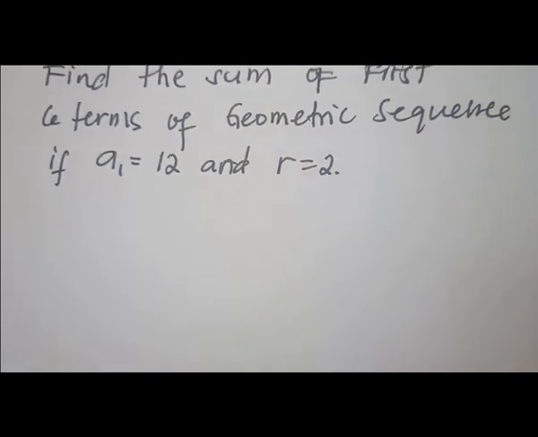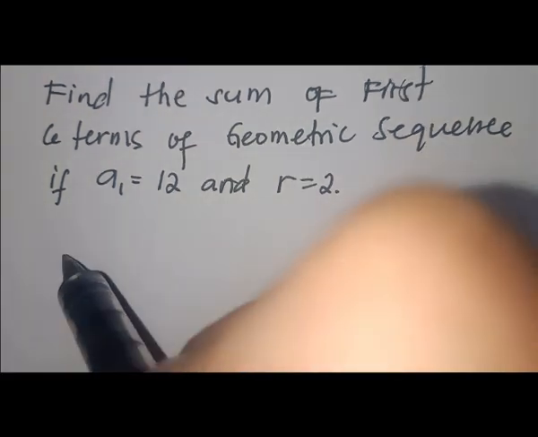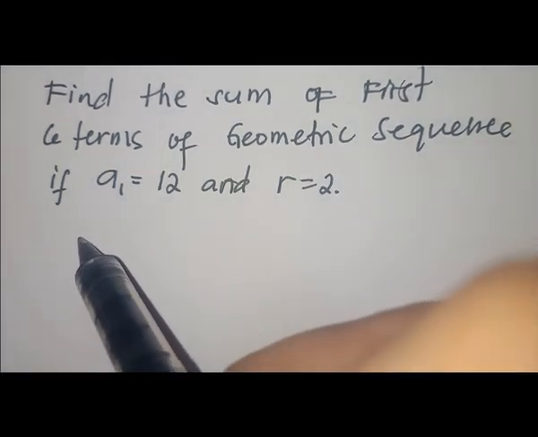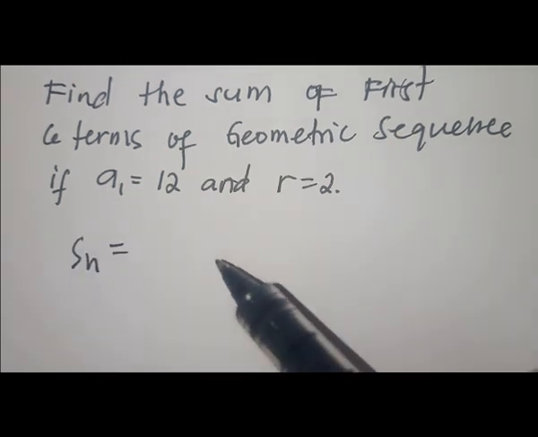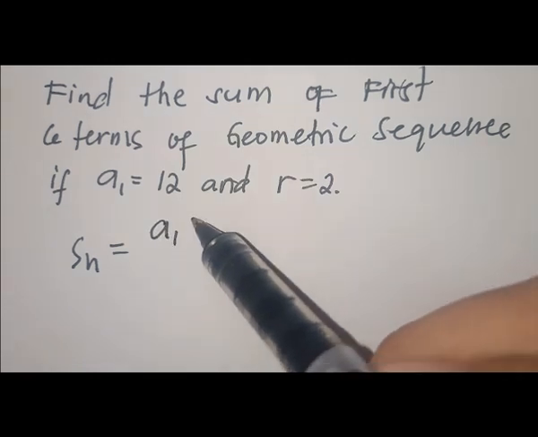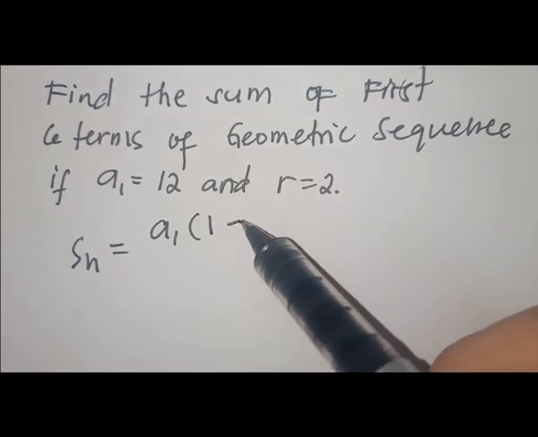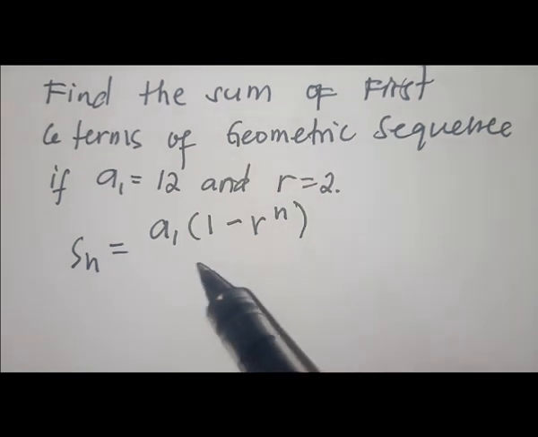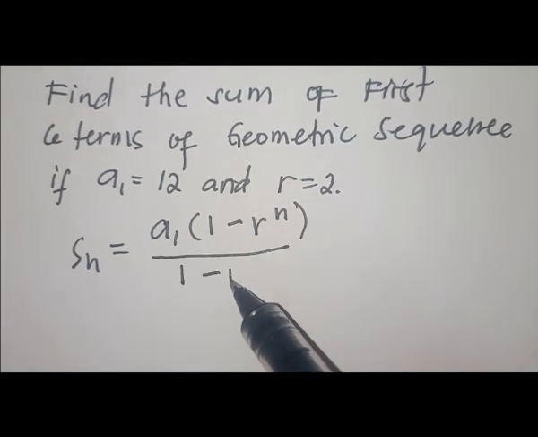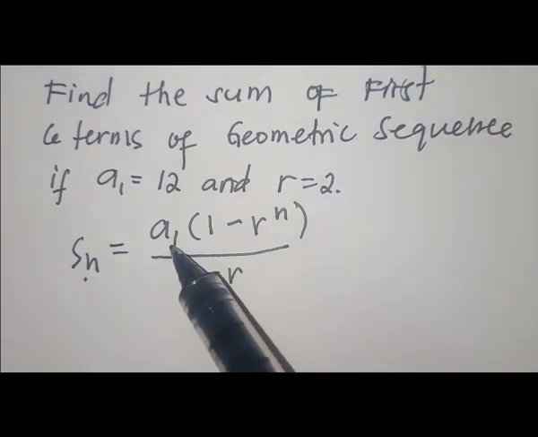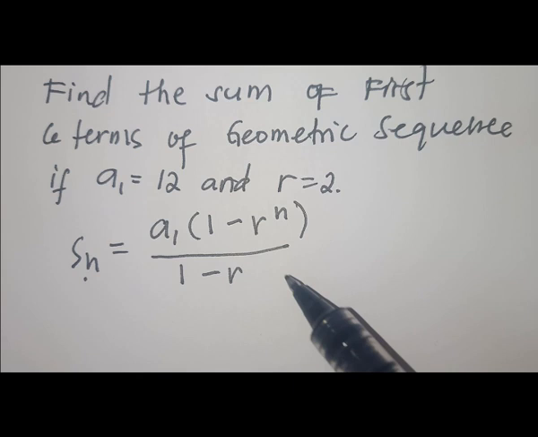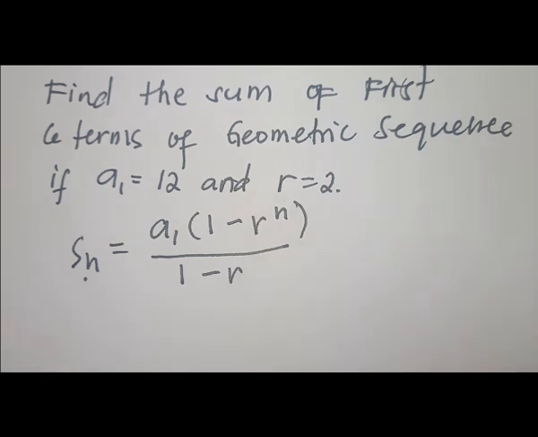Always remember that to get the sum, or to solve for the geometric series, the formula is S sub n is equal to a sub 1 multiplied by 1 minus r raised to n, divided by 1 minus r, where S sub n represents the sum of the sequence. Of course, a sub 1 is the first term, r is the common ratio, and n is the number of terms.